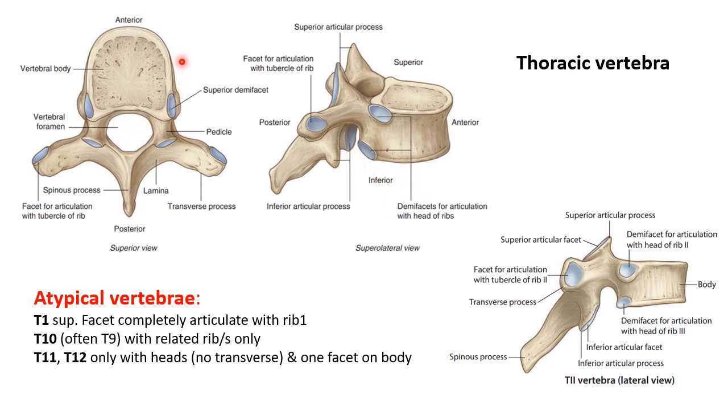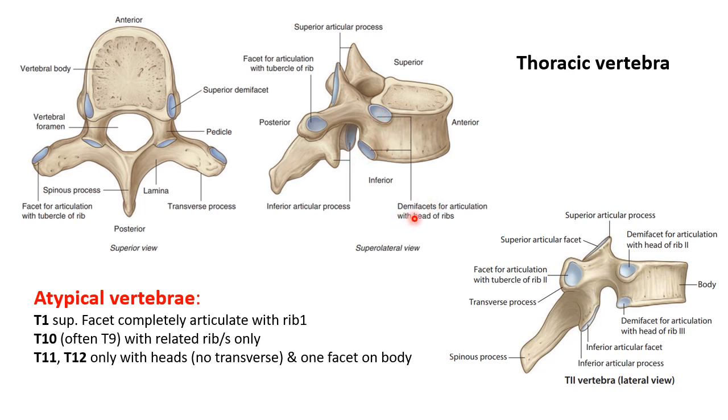First, the shape of the body is heart-shaped from the superior view, with the anterior, posterior and transverse diameters almost equal. The vertebral foramen is almost circular. This is regarding the shape. Now, the body has 4 demifacets.